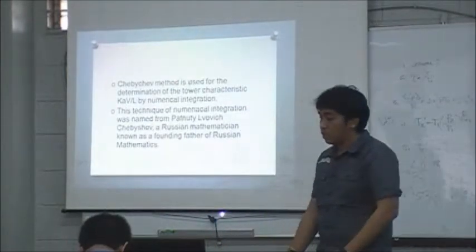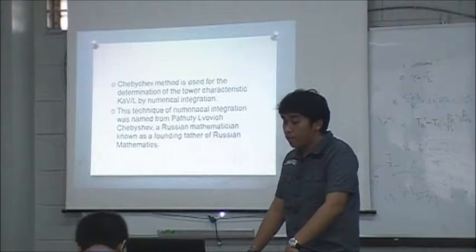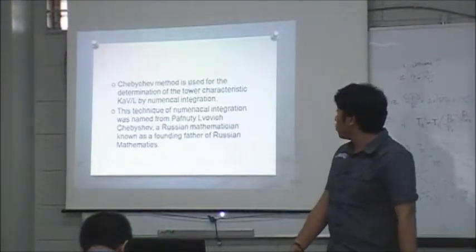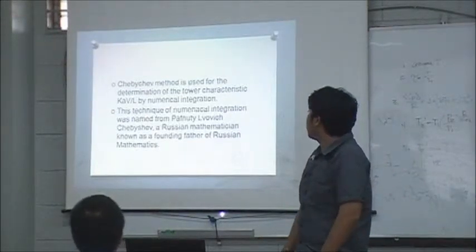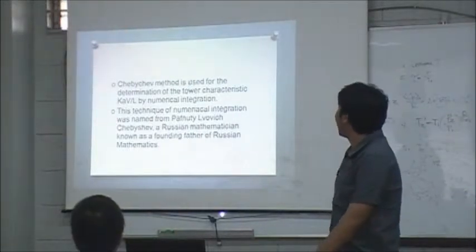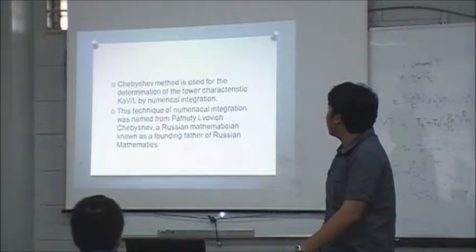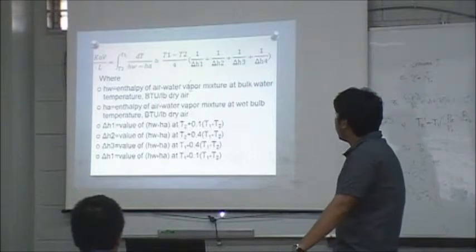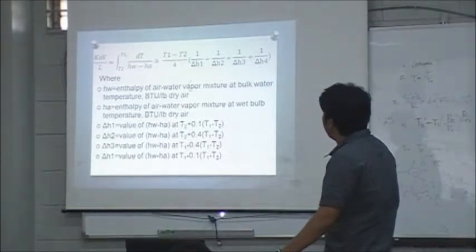The Chebyshev method is used for the determination of the tower characteristic KaV over L by numerical integration. This technique of numerical integration was named after Pafnuty Chebyshev, a Russian mathematician known as a founder of Russian mathematics. This is the formula for numerical integration using Chebyshev.